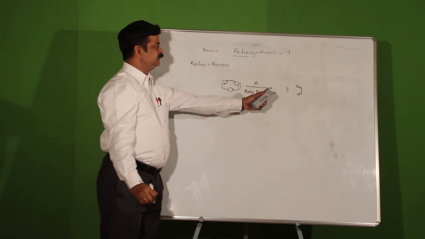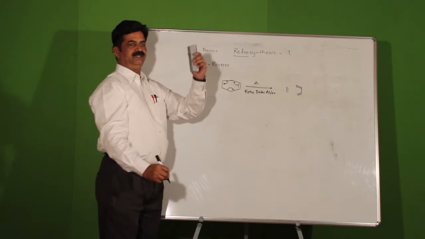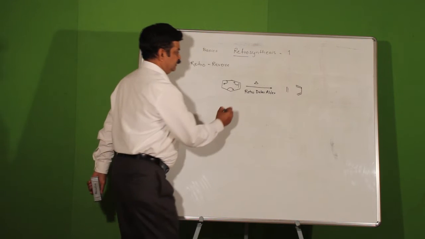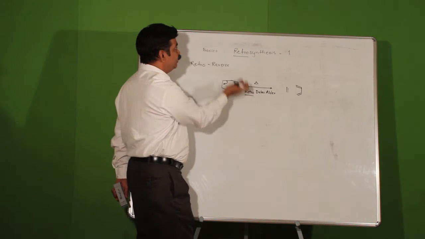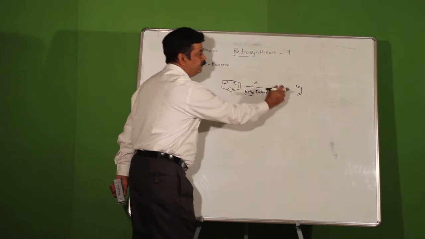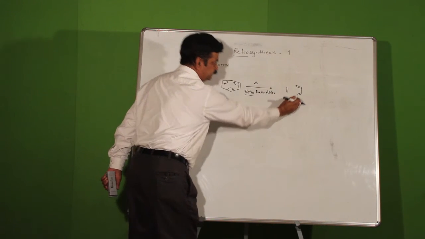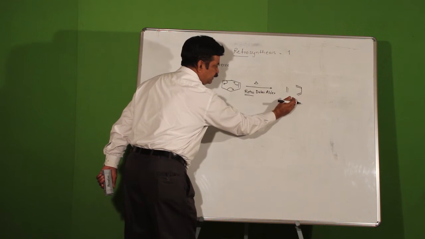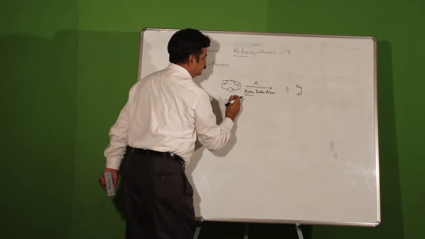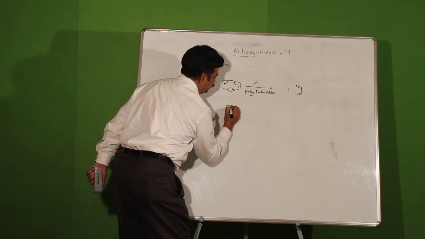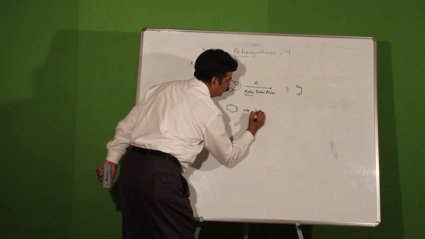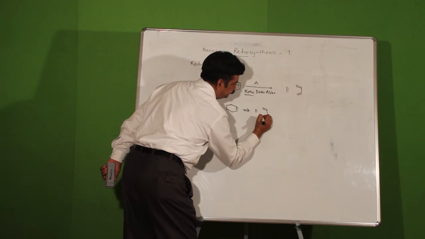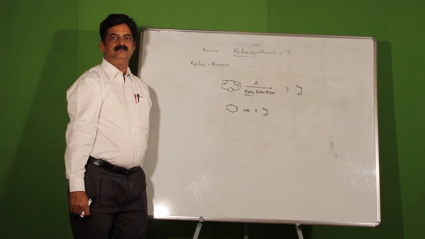If you want to synthesize cyclohexene, why is it called retro? Because it is reverse. Meaning of retro is reverse. If you want to write the retrosynthesis of this, it can be shown by an arrow like this, that this can be obtained from butadiene and ethene.